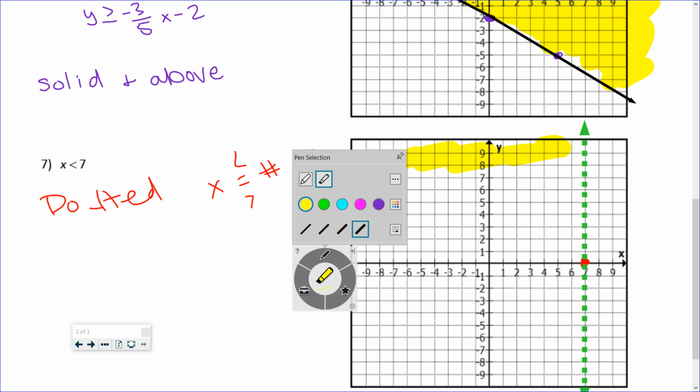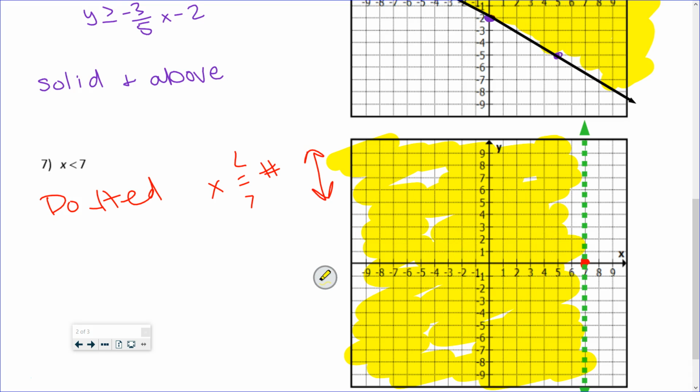So yes, all of this. Is the origin a solution? Yes. How about the point 9, 2? No. How about 7 anything? 7, 1, 7, 10, 7, negative 6.